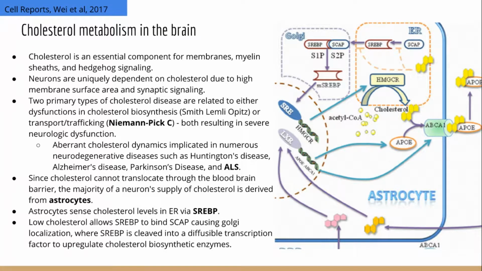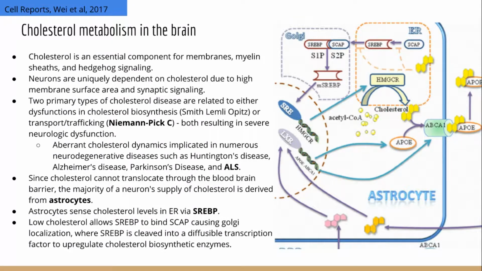One very important reason cholesterol dynamics are so interesting in the brain is because cholesterol cannot translocate through the blood-brain barrier. And so a neuron's supply of cholesterol is derived internally mostly from astrocytes. The rest of the body relies on the liver to produce and ship out cholesterol.